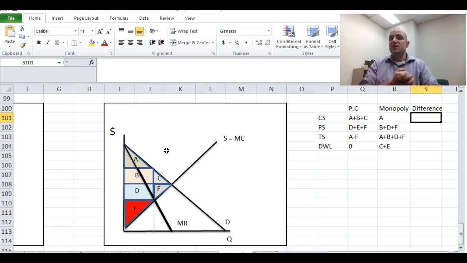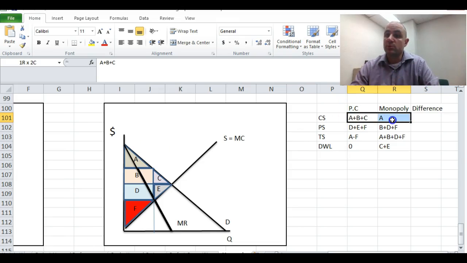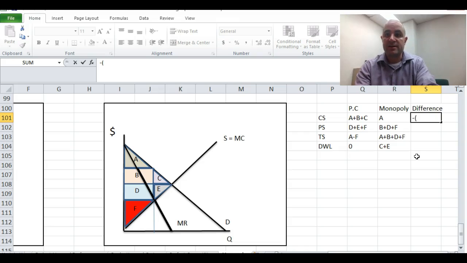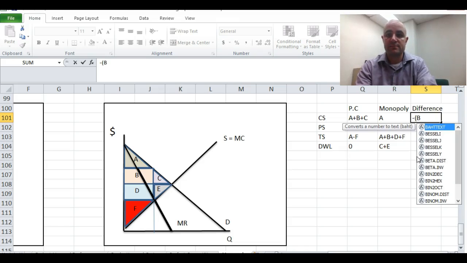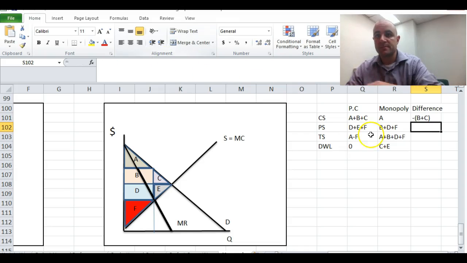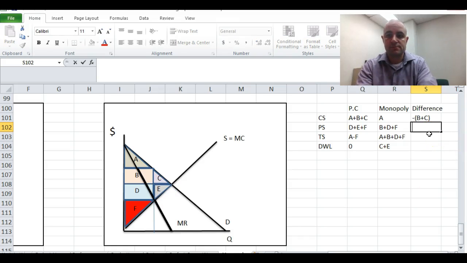So how do the two match up? Well, let's see. Consumers, they're definitely worse off. They're worse off because they're getting less units and they're paying more for it. So they are losing out on areas B and C. The producers, well, they're losing this area E because they're not selling as much.